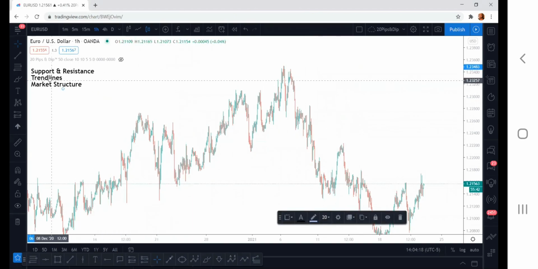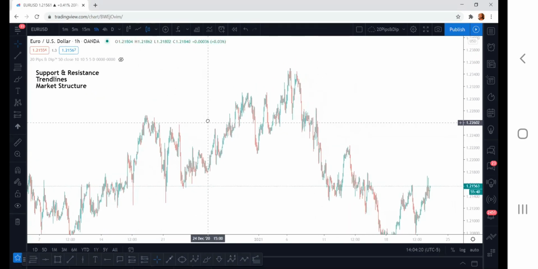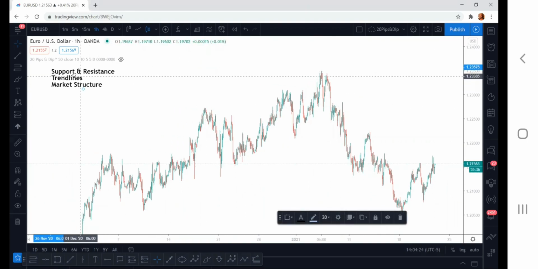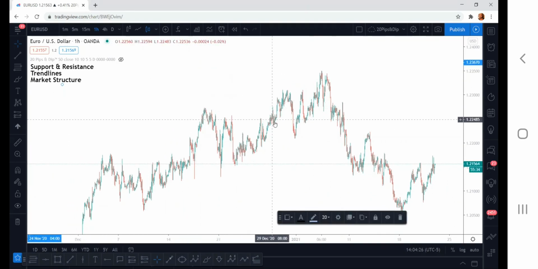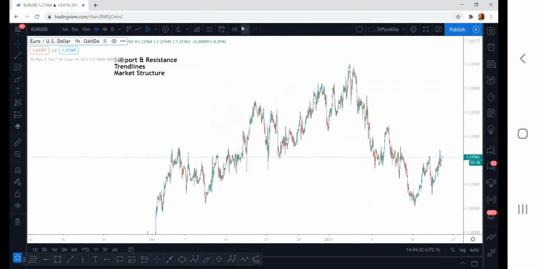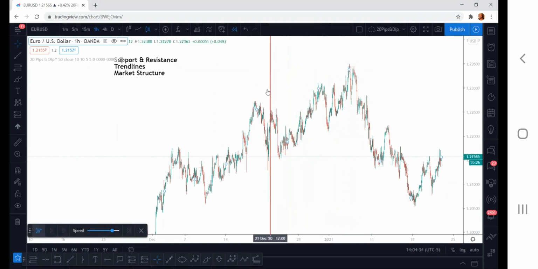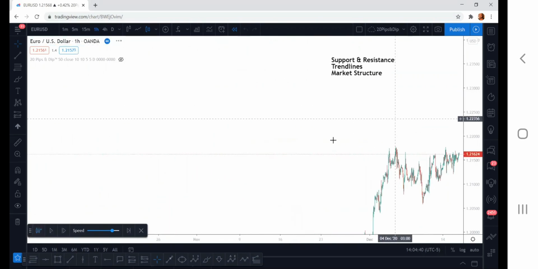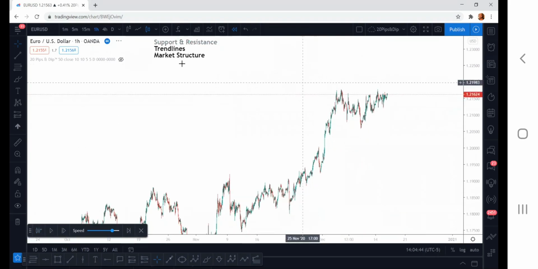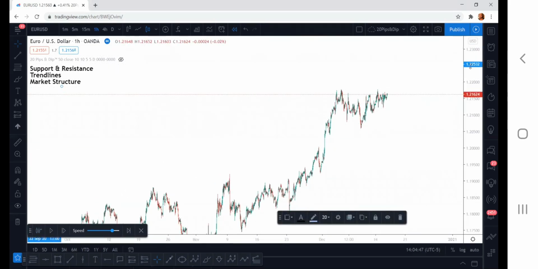So when you go ahead and mark up your chart and perform an analysis, let me take this stuff away here. Let's say that this is where we are.